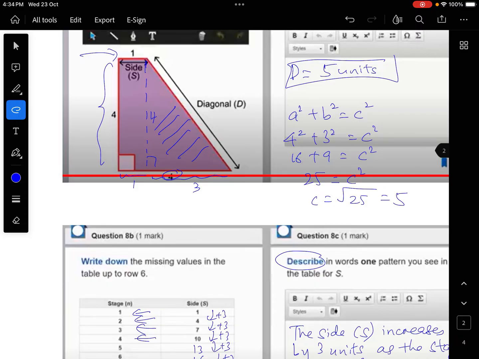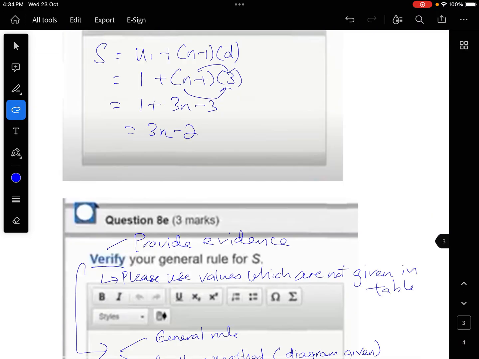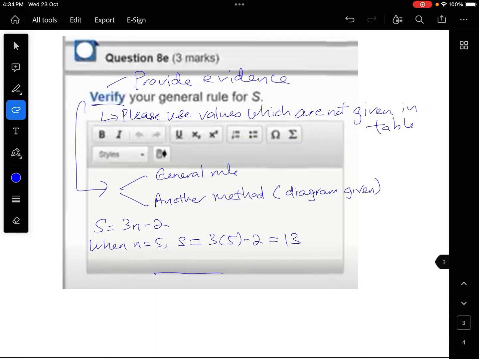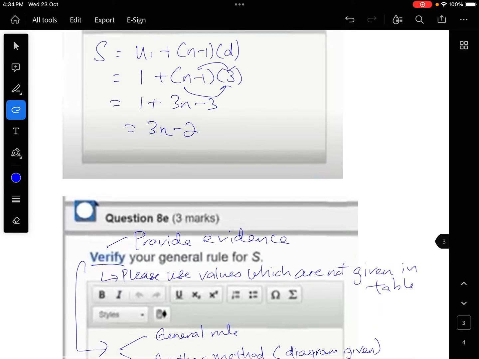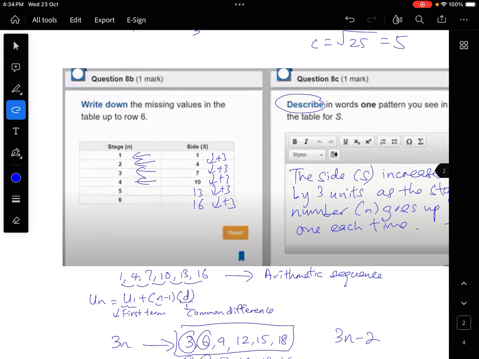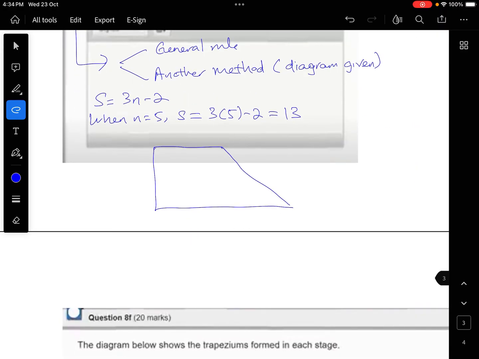So I'm going to draw a diagram. I'll draw a trapezium here. Remember, our objective is to find out what the side length is for this.